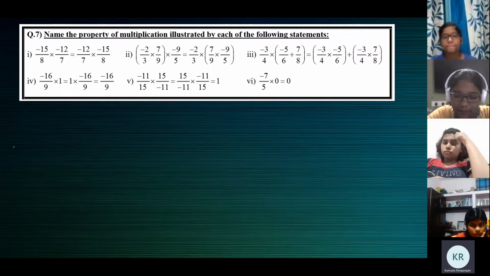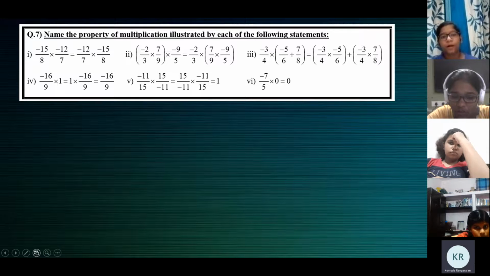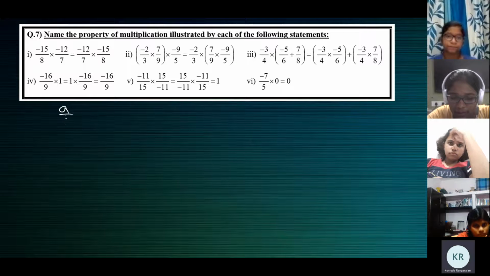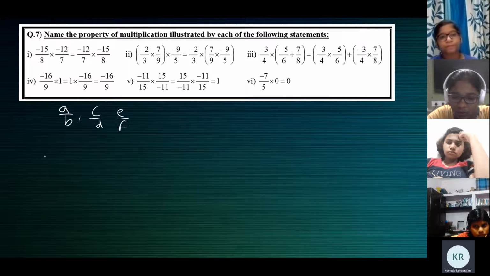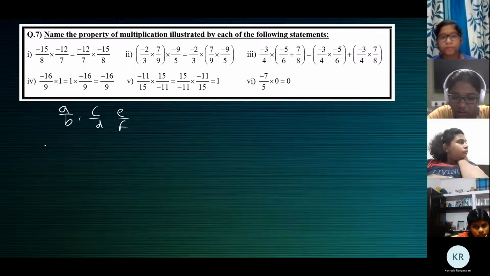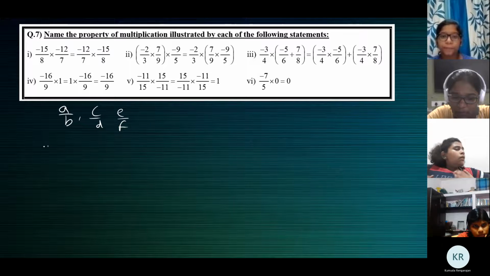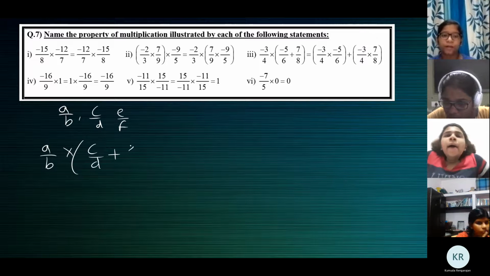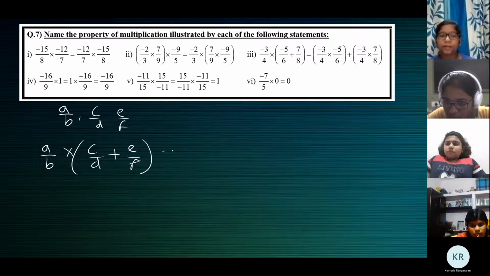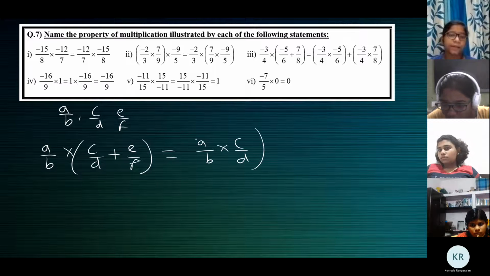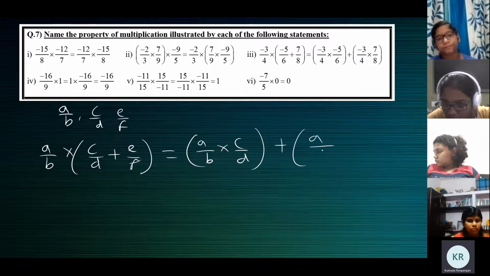Use the rational numbers C by D and E by F, and illustrate the distributive property of multiplication over addition. Ma'am, A by B into C by D plus E by F. In the RHS, it will be written as A by B into C by D plus A by B into E by F, ma'am. Yeah, correct.